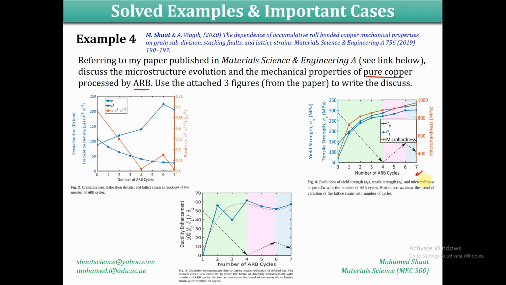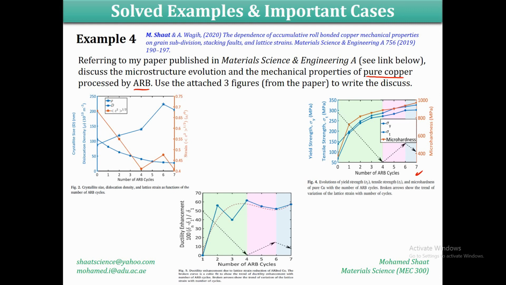And then for every cycle, we measured the mechanical properties of the material in terms of yield strength, tensile strength, and hardness, the micro hardness of the material, which is one of the mechanical properties that we defined in chapter 6. And also we measured the ductility of the material. We extracted some results that are represented in these 3 figures.